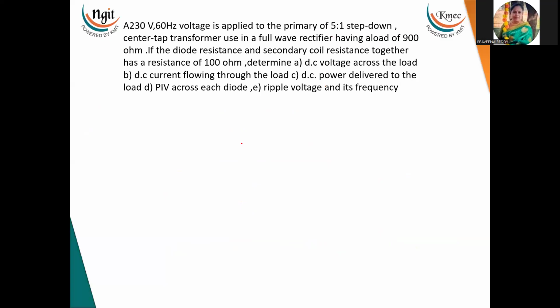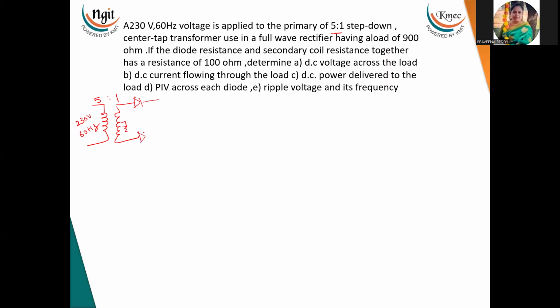Now next, coming to the full wave center tap transformer, and the ratio is given here. So center tap transformer and the total secondary ratio is given. That is 5:1. And the input voltage is 230 volts, 60 hertz. And it is also given, now used for full wave rectifier, load resistance is given.